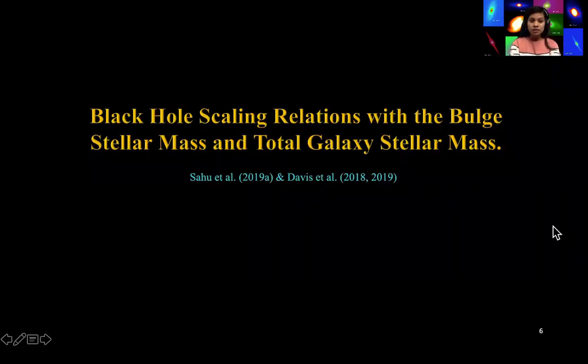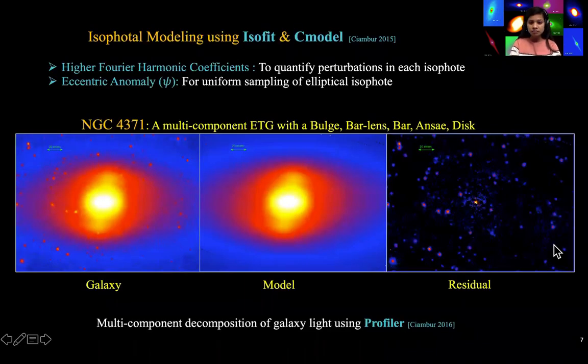Now I'll talk about the scaling relations we found between black hole mass with the host bulge stellar mass and the total galaxy stellar mass. Speaking of bulges, it is very challenging to calculate the bulge mass of a galaxy, especially if it is a multi-component galaxy.